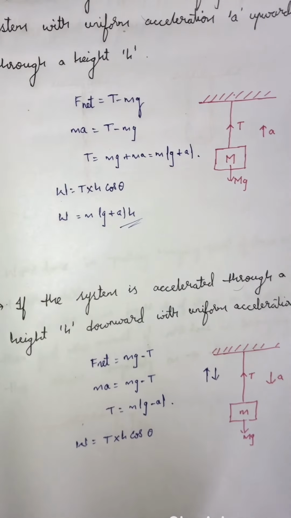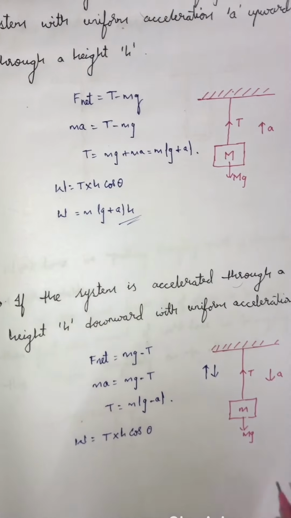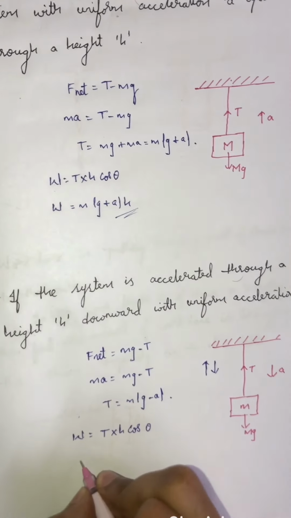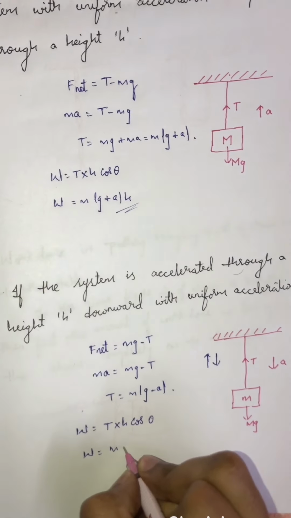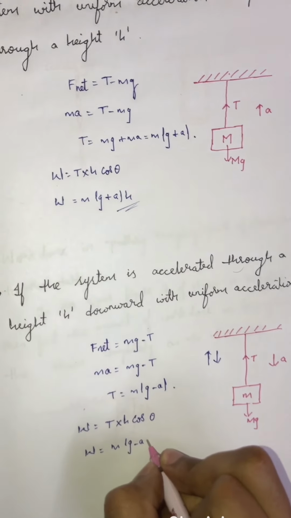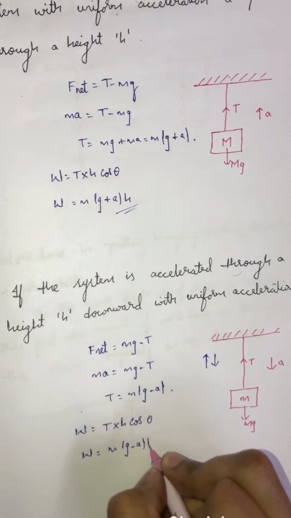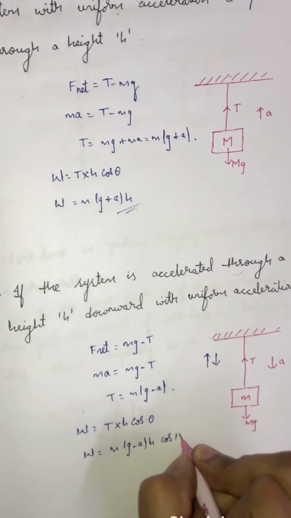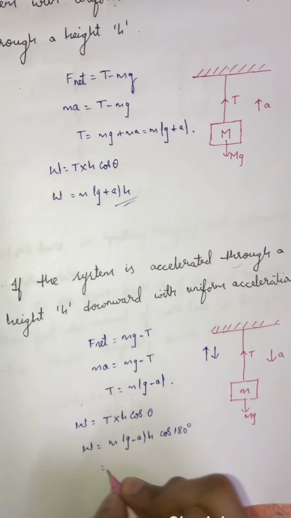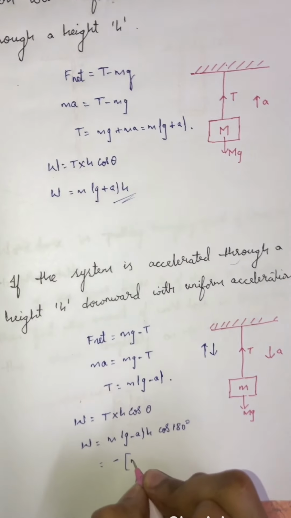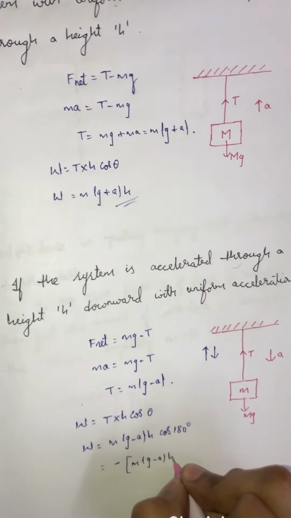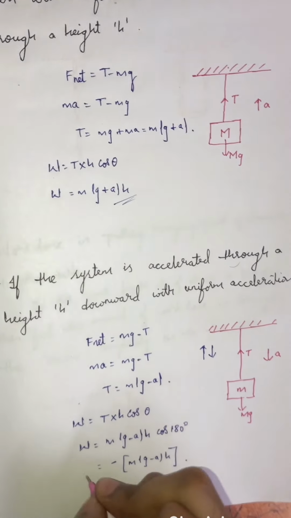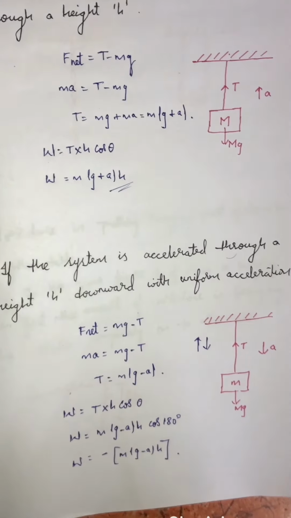Cos 180 will be equal to minus 1, so work done will be equal to m times (g minus a) h cos 180 degrees, which is minus of m times (g minus a) h, so work done will overall be minus m times (g minus a) into h.